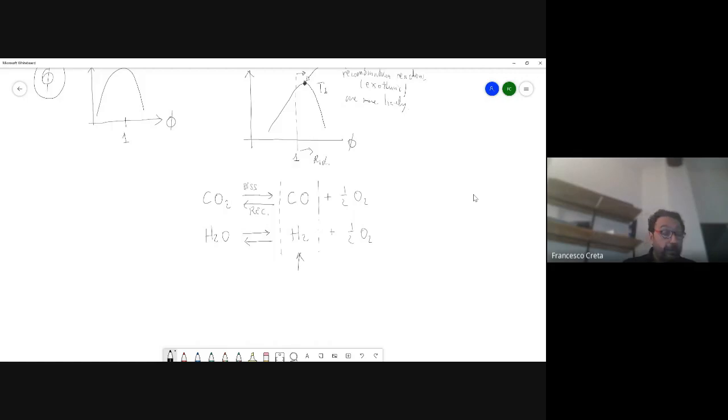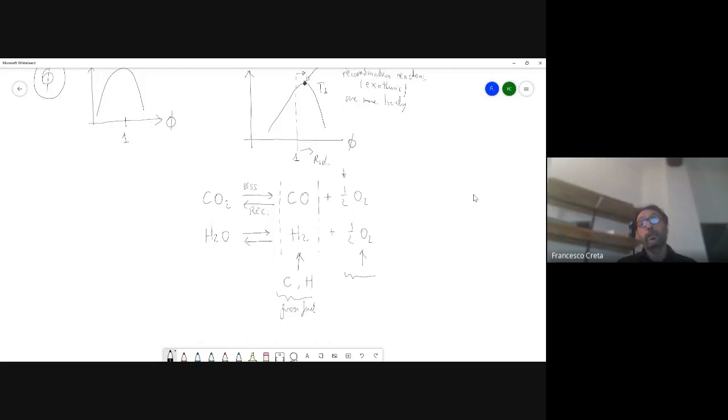You have essentially C and H atoms that you need, and these come from the fuel. On the other hand, in order for these reactions to take place, you see that you only need 1/2 mole of oxygen.